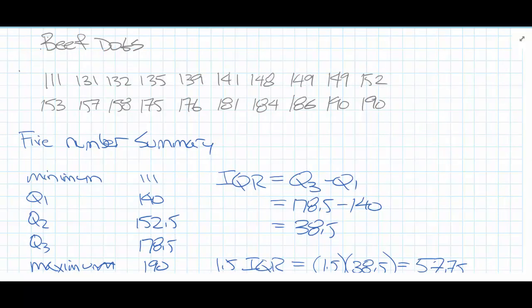So the beef dogs are ranked from smallest value to largest value, and there's a 5-number summary that I've created for the beef dogs. The interquartile range is 38.5.